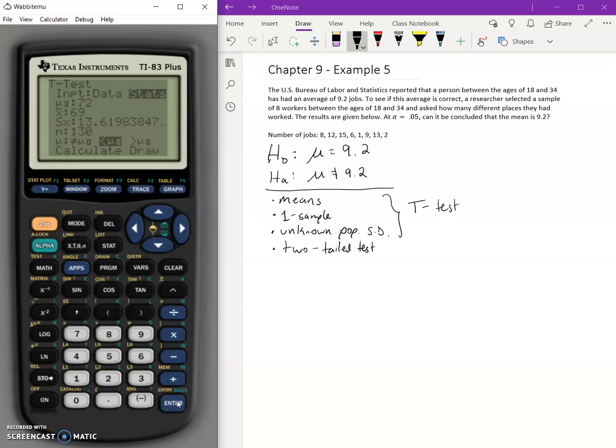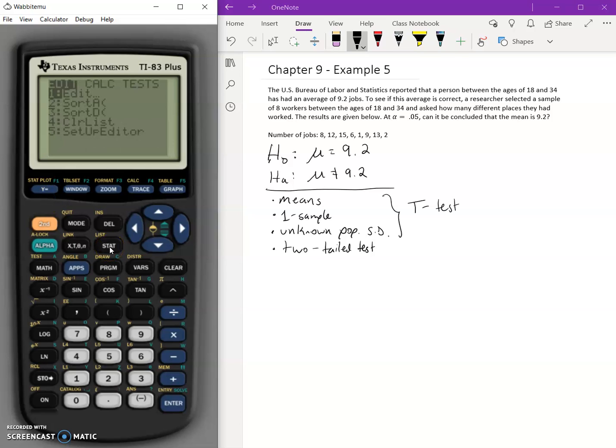So far we've primarily been entering statistics because we already have things calculated for us. But data, on the other hand, will allow us to pull things from a list. We could calculate the mean and the sample standard deviation using the calculator and then enter those from the stats, but we could just allow the calculator to do all of those steps for us.